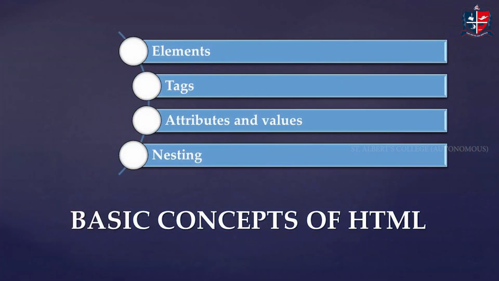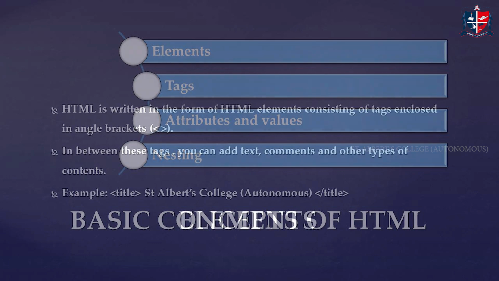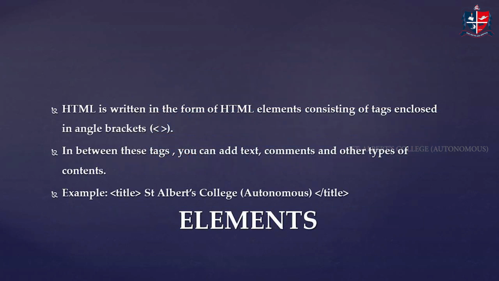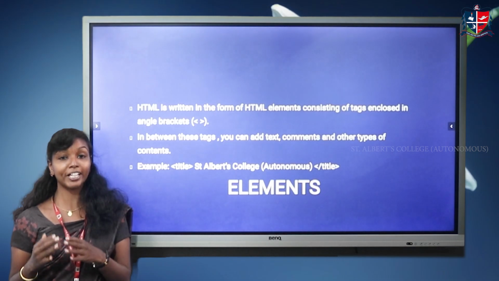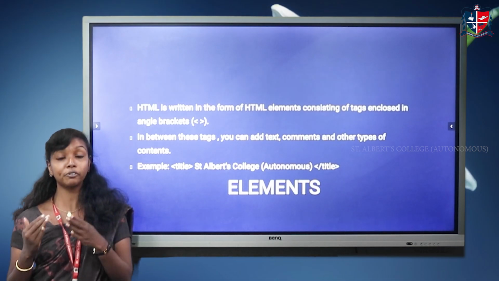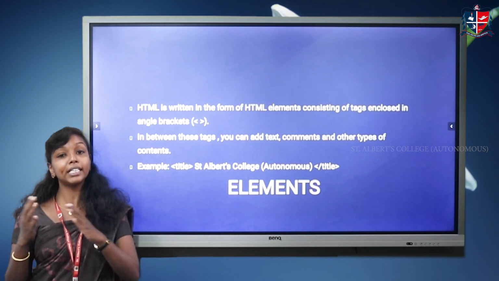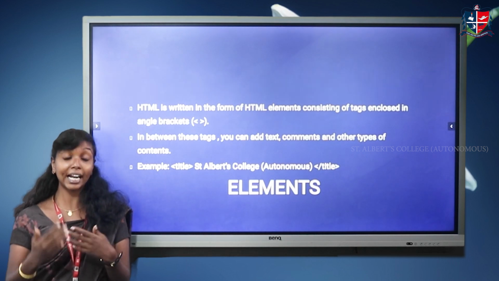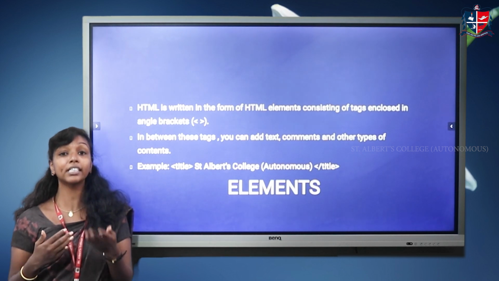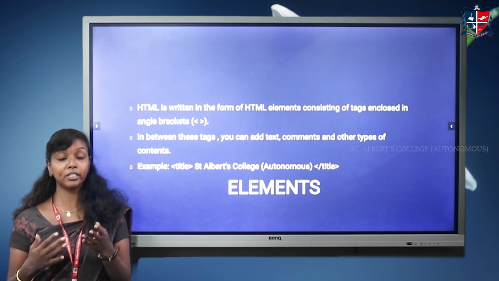Now let's see the basic concepts of HTML. The basic concepts of HTML consist of elements, tags, attributes and values, and nesting. The first basic concept of HTML is elements. HTML is written in the form of HTML elements, which consist of tags enclosed in angle brackets. In between these tags we add text, comments and other contents related to the information in our website.